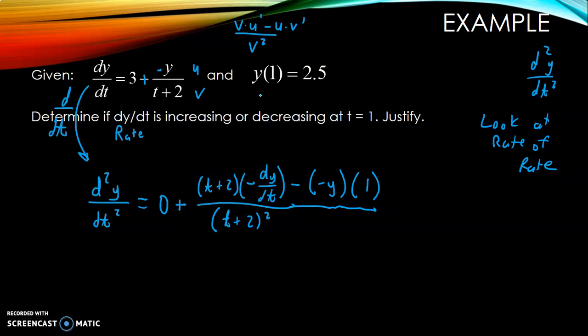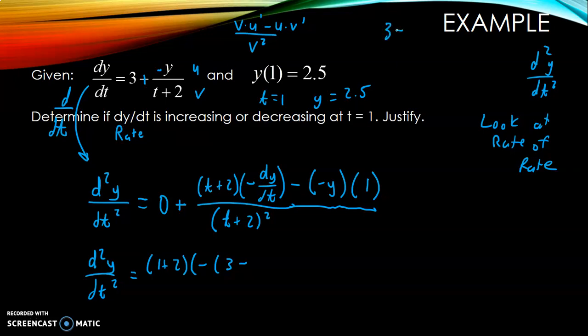And we've got our point right here because our t value is equal to 1 and our y value is equal to 2.5. Now this was on the non-calculator portion of the AP exam, so we're going to have to practice simplifying without a calculator. So 0 goes away, and I'm going to start plugging things in. So (1 + 2) times negative, and then I've got to plug in my equation for dy/dt. So I go back to that original equation, which was 3 minus y over t plus 2.